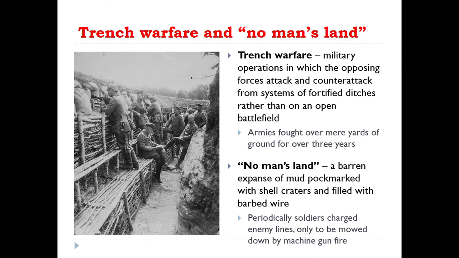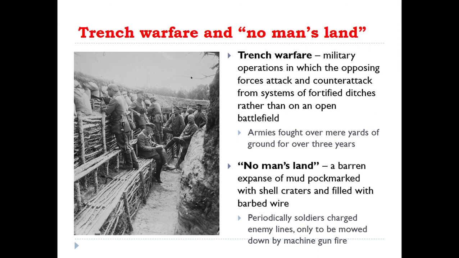So trench warfare is where military forces are attacking and counterattacking through a system of fortified trenches or ditches, rather than being out on an open battlefield. What it means is it's very hard for either side to gain any ground. One side will launch an attack out of their trench just to be shot down by machine gun fire.